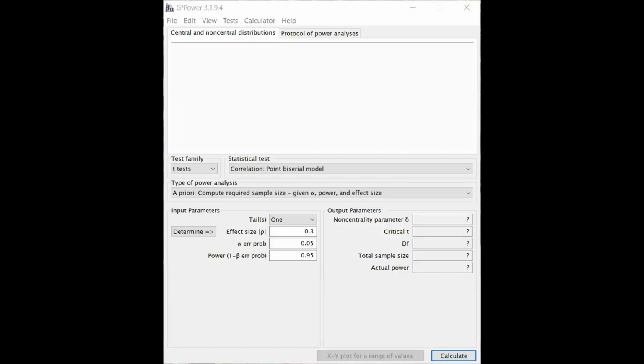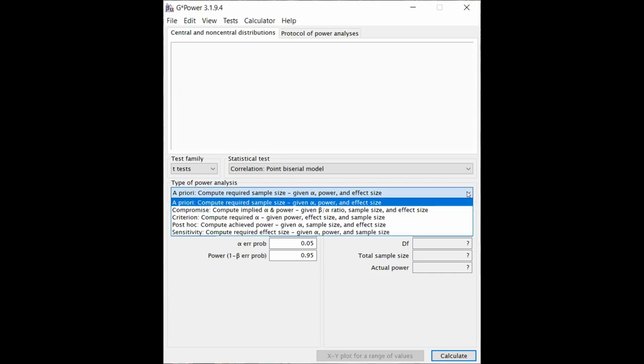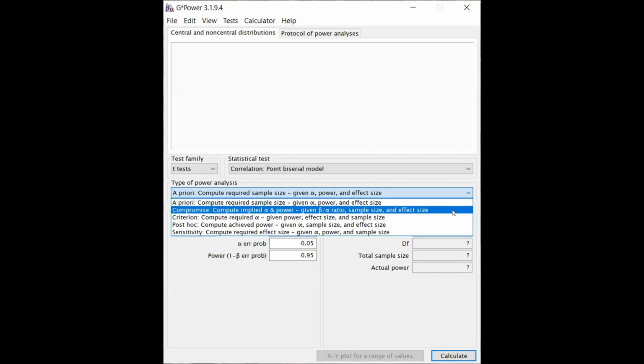It's G asterisk power. And I'm going to share my screen so that you can see what this looks like. Now, the reason I like this so much is because it does other things besides determine what my sample size should be in advance. If you look at these types of power analysis, I can do a priori, a compromise, I have implied power and a ratio of the power, effect size, sample size.